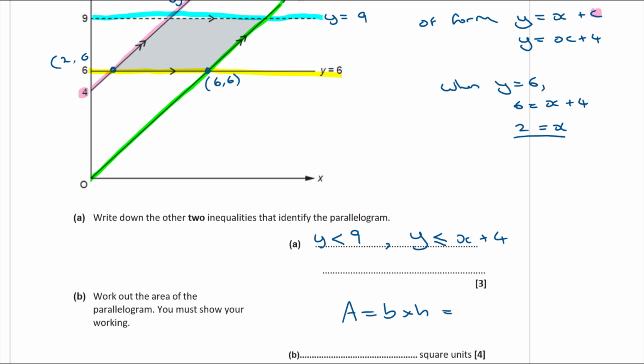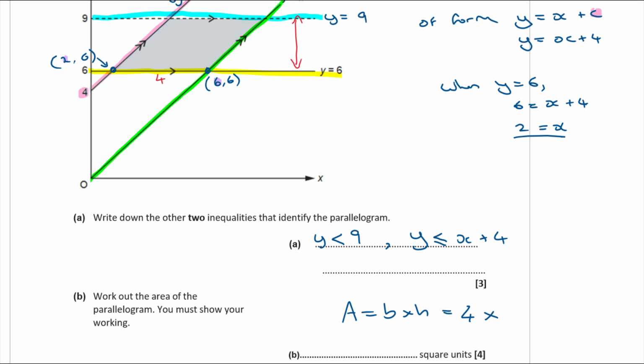2, 6. Okay, there. So then the distance between those 2 points is going to be the difference between the x coordinate there, 6, and the x coordinate there, 2. So the base of this line is going to be 4 units, isn't it? So the base is going to be 4. So we just need to know the height now. Well, the height is this distance.